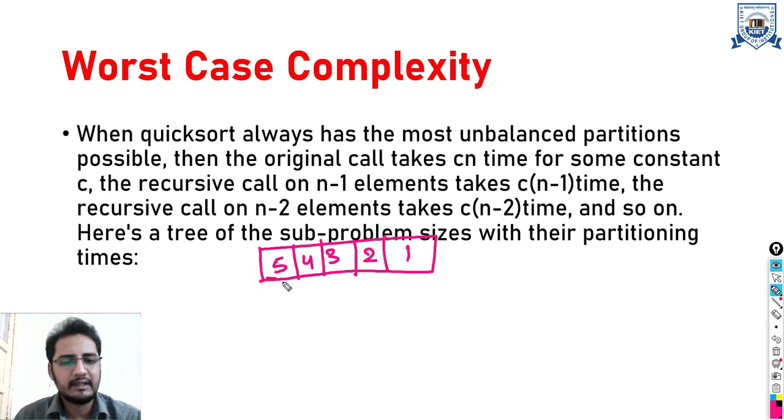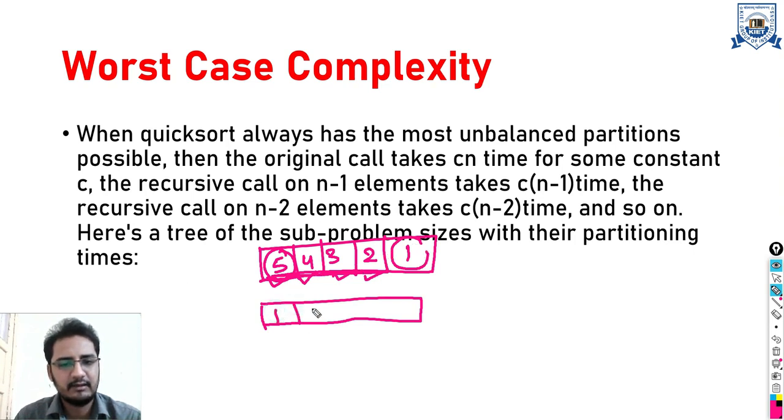Now if I run the partitioning algorithm on this, then after the first iteration, since 5 is not less than or equal to 1, neither 4 nor 3 nor 2, no exchange will take place. At the end this 5 will be exchanged with this. So you will reach here 1, 4, 3, 2 and 5. So this was your pivot.